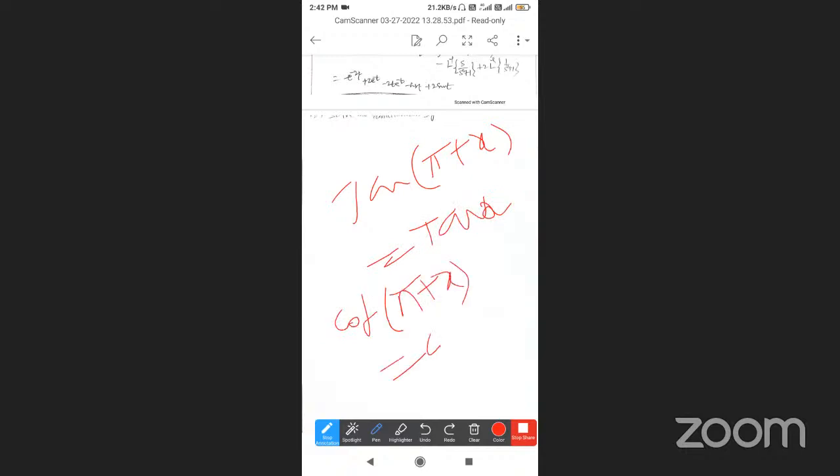Tan of 180 plus theta is equal to tan x, and cot of 180 plus theta is equal to cot x. So the period of the tan and cot functions is pi, that is 180 degrees.